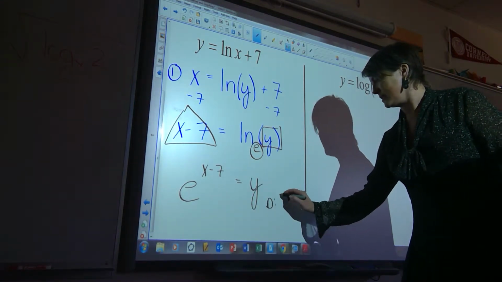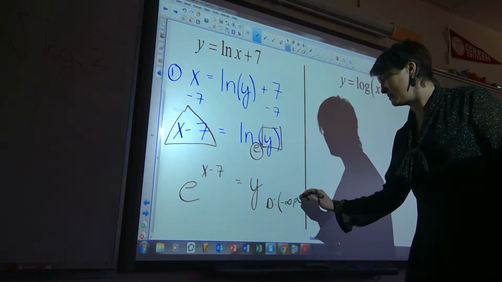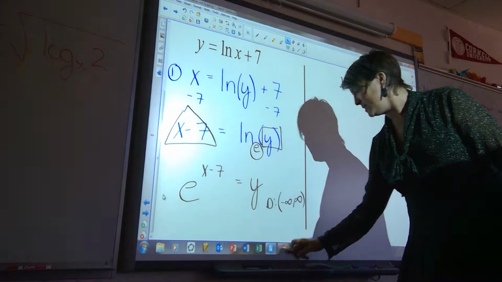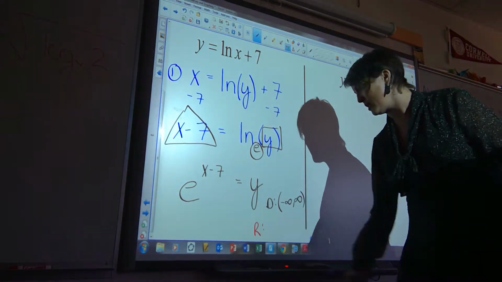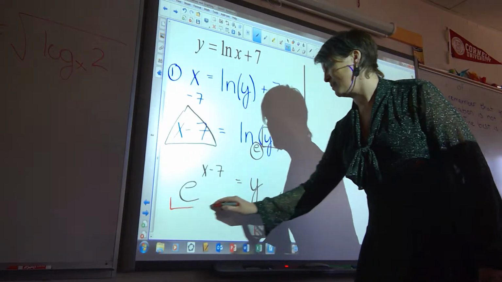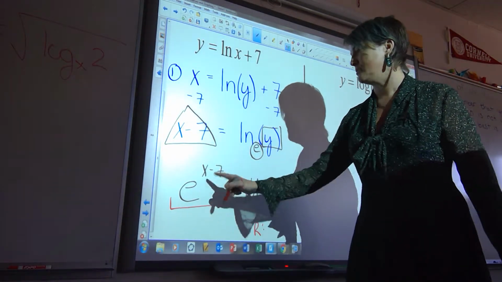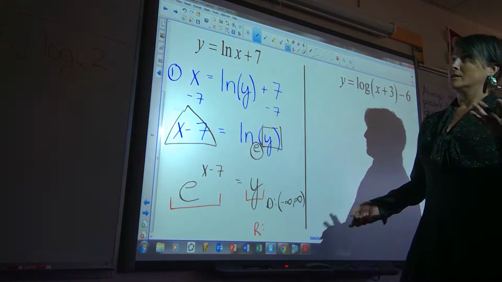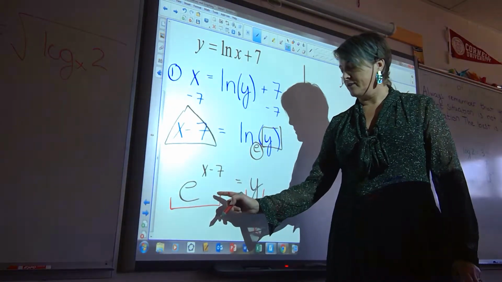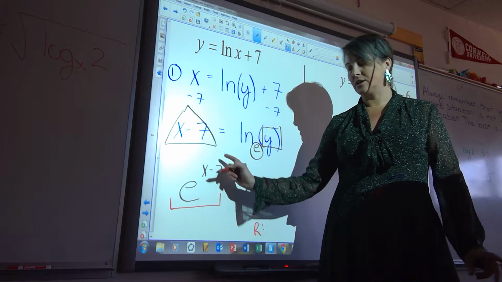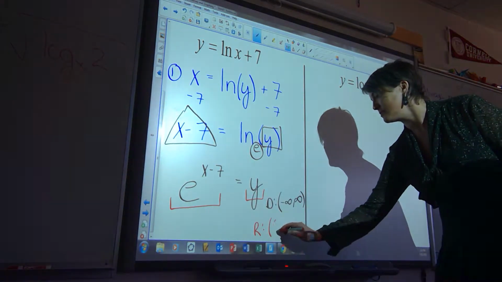Domain is easy because it is the exponent. Range will be a little bit harder. It will come from the result of doing e to the power of x minus 7, which will always be positive. Yeah, it'll always be positive, so 0 to infinity.